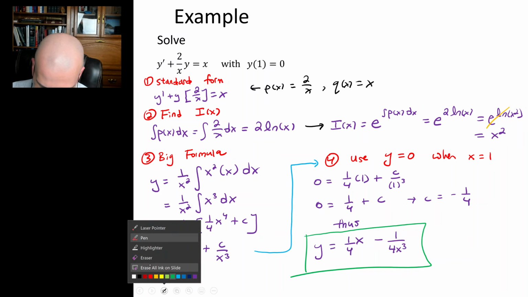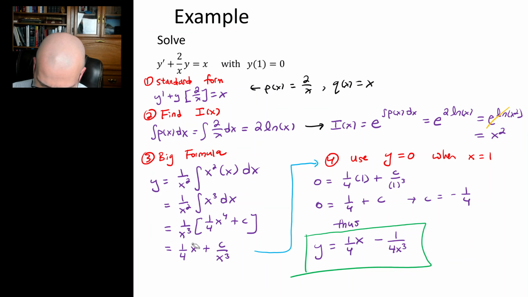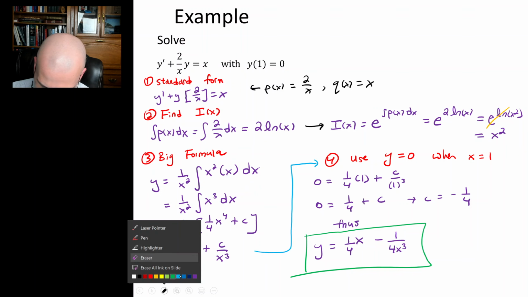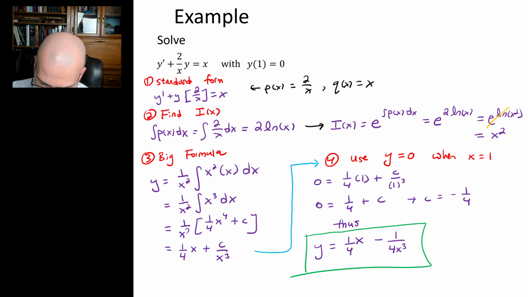Look what I did. I put a 3 instead of a 2 for no reason. I just randomly changed it. So that should be a 2 down here, not a 3. So x to the 4 over x to the 2 is x squared. What does that change? Changes nothing. It's okay. That's better.